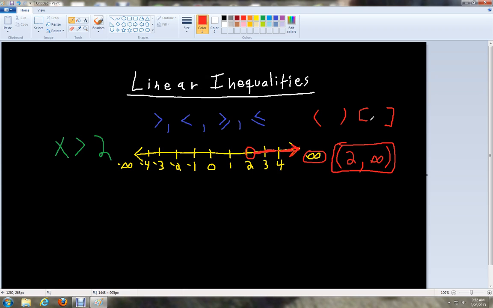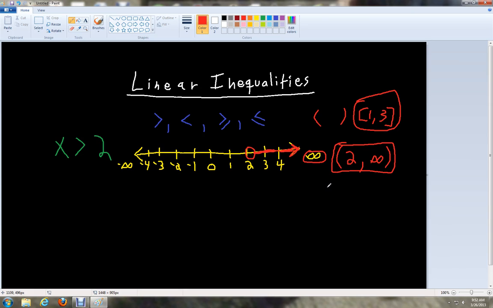A closed interval is where you have the brackets on both ends. For example, [1, 3] would be an example of a closed interval with the brackets.